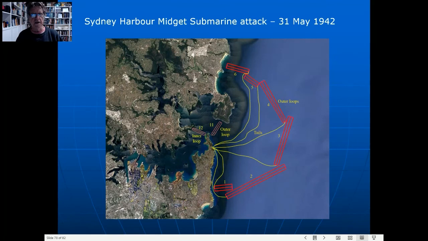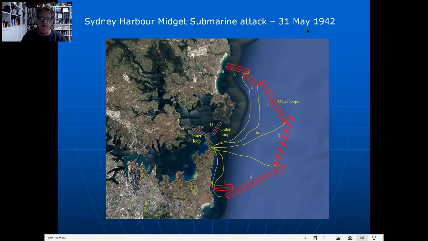Sydney Harbour, there's a big one. Look, I'll just quickly go through the Japanese midget submarine attack in May. The Royal Australian Navy had put 6 outer loops around the harbour at Sydney. And they also had an inner and outer loop, much smaller, miniature loops if you like.